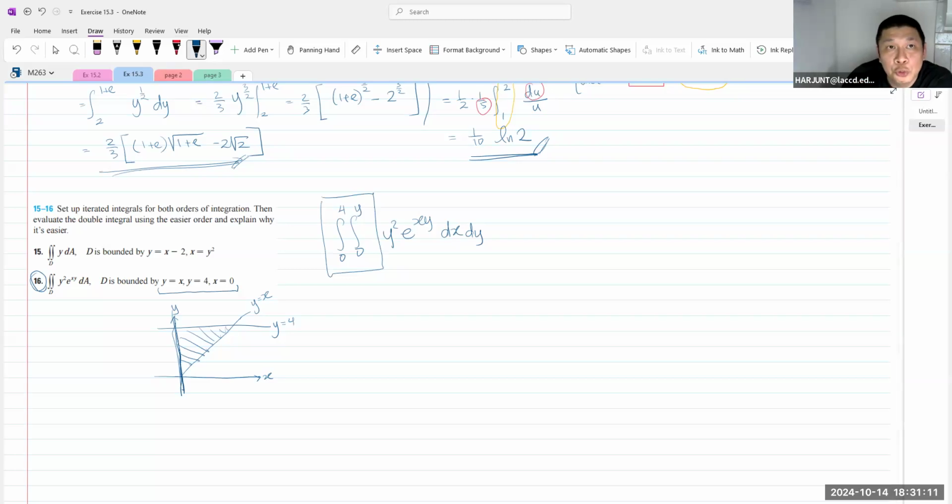We choose a y, because y is from 0 to 4. Now you choose a y and then you move in the x direction. You notice that we get into that domain when x equals 0 and we get out at x equals y.